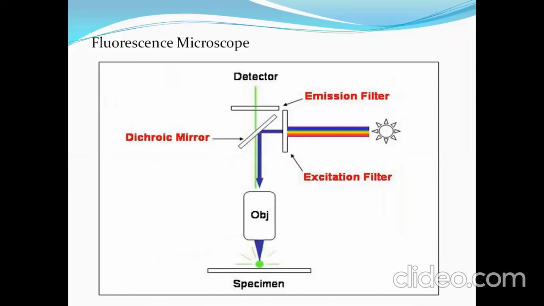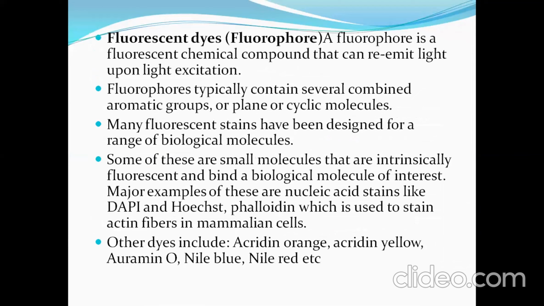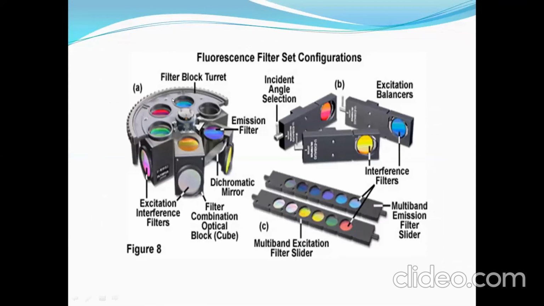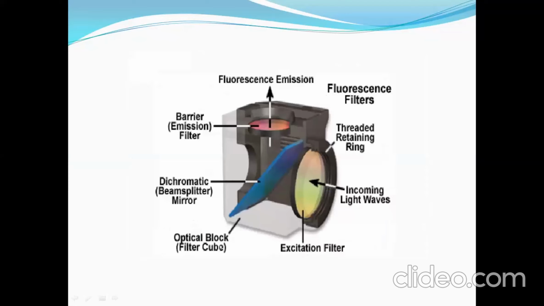So again, with this fluorescence microscopy, you can see in the fluorescence filters there is a filter block turret present. Each block is what we can call an optical block or filter cube. Not only is the excitation filter located there, along with each excitation filter there is a dichroic mirror and obviously a barrier or emission filter.